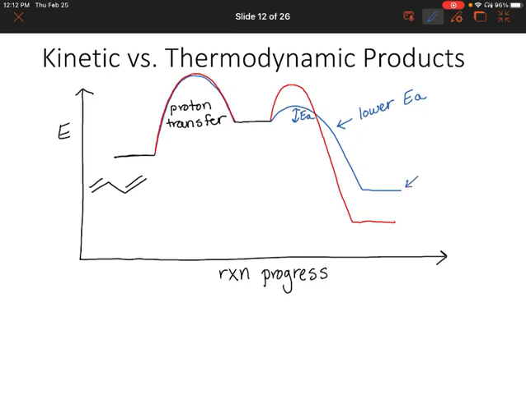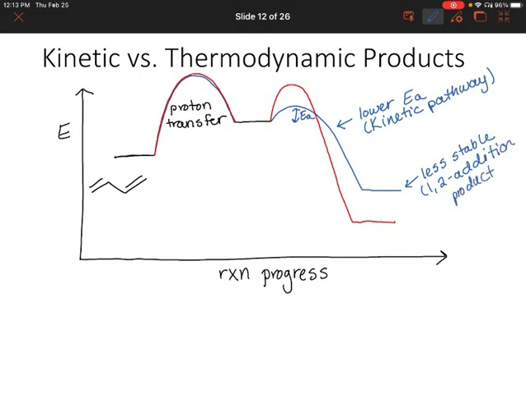And then the product is less stable because it has a higher energy. So this is the kinetic pathway. And the product is the 1,2 addition product. So again, this product forms really quickly, but it's not necessarily the most stable.